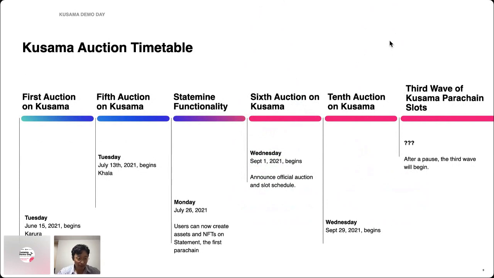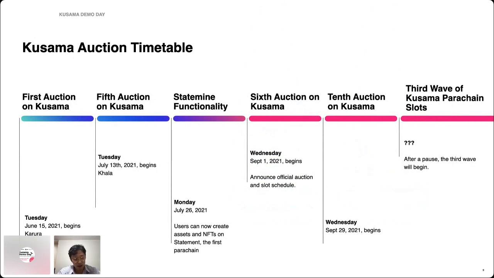And after these pretty successful slot auctions concluded, there was this period of time essentially in which projects had to onboard their functionality within the Kusama network. So when these Kusama parachains first began to be live, they were essentially shell parachains without any real functionality.